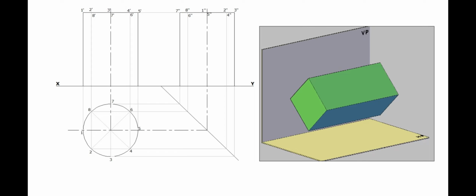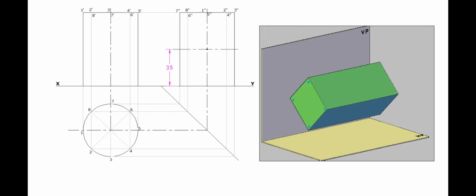The base of the second object, square prism, can be seen in the side view. Since the axis intersects and bisects, mark the midpoint of the axis of the cylinder in the side view. Draw two 45 degrees lines through this point. Since the side of the square is 30 mm, mark half of it, 15 mm, on both the sides of both the lines.